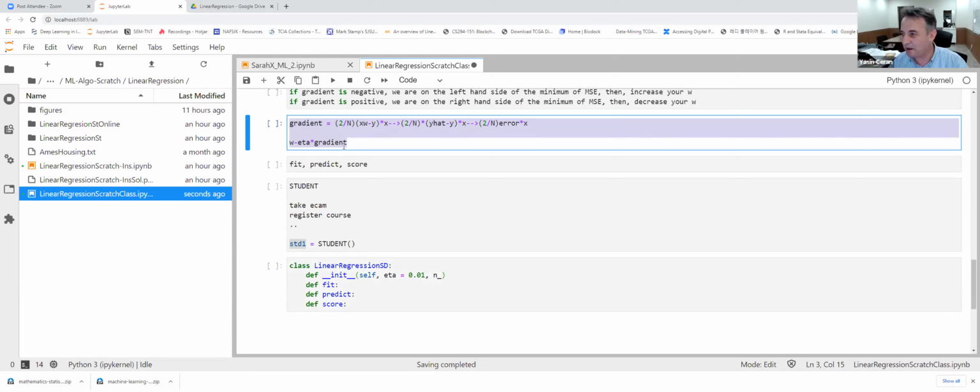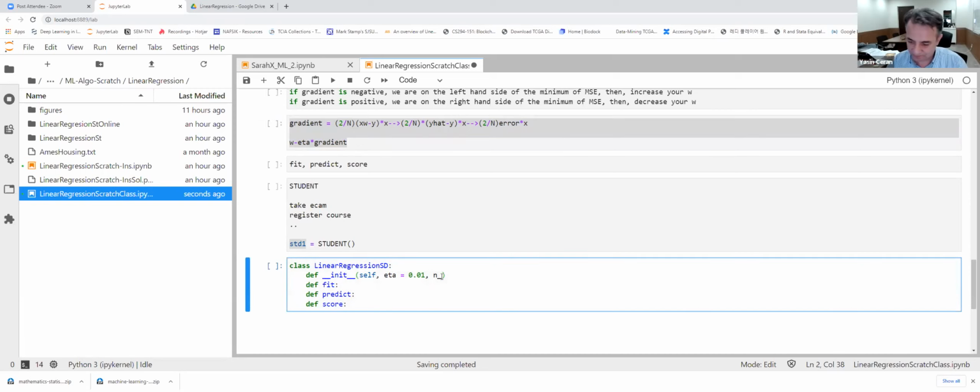So that is going to be the number of iterations. Let's say the number of iterations is 50. Again, you can change the number of iterations too. And then let's also assign a random state of 1 so that whoever runs this class is going to have the same random variables assigned.